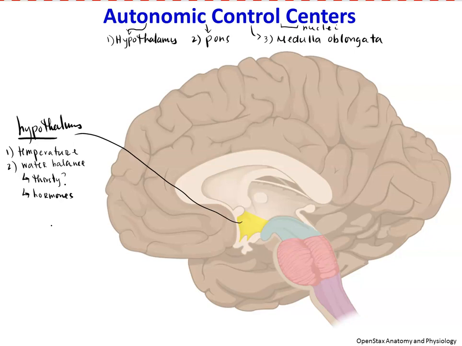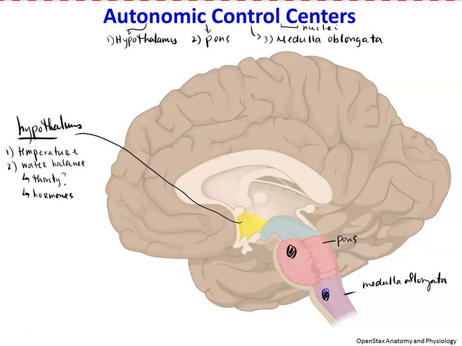Number 2, the pons. Remember the pons is the cute belly. I'm not going to change my colors, but just remember that this area is the pons, and this is going to be the medulla oblongata. That is a beautiful name. But in the pons, remember, we have breathing nuclei. And then there were 2 in here.